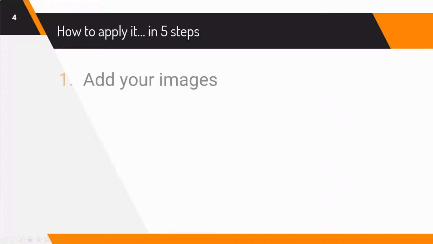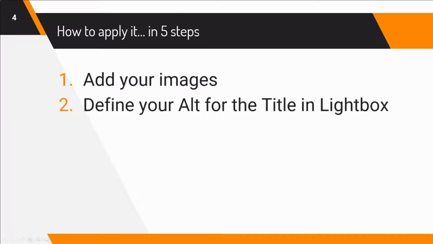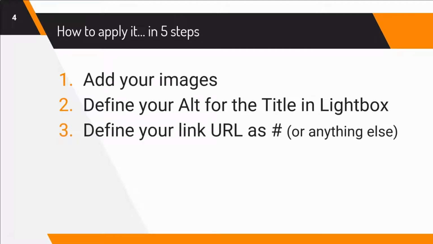So how to do it in 5 steps. First, you add your image. It could be with a gallery from the design blocks, or you can do it manually. You define an alt attribute on your image that will be used as a title in the Lightbox. You define the URL link on the image.